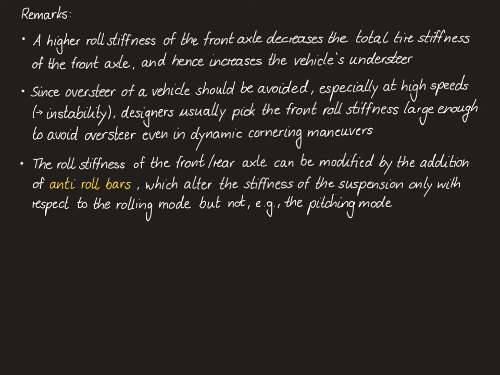An anti-roll bar is an elastic bar that is fixed to the vehicle chassis, and it alters the stiffness of the suspension, but only with respect to the rolling mode of the suspension, meaning only with respect to one tire going up and the other one going down at the same time, but it does not change the stiffness with respect to both tires simultaneously going up or down.